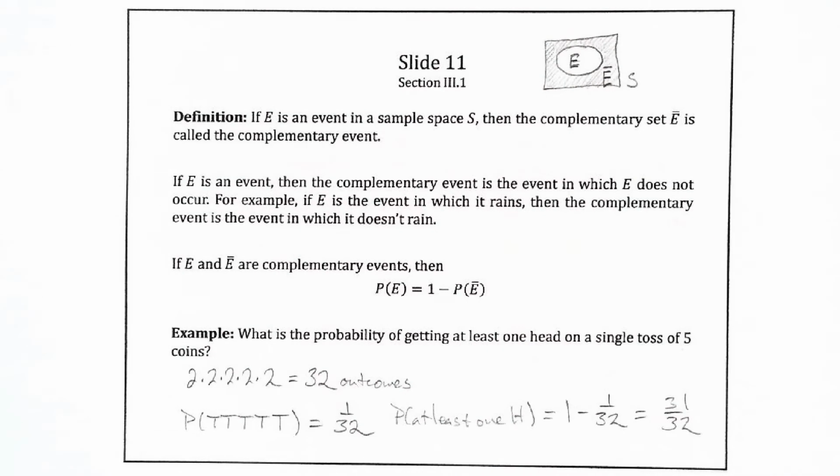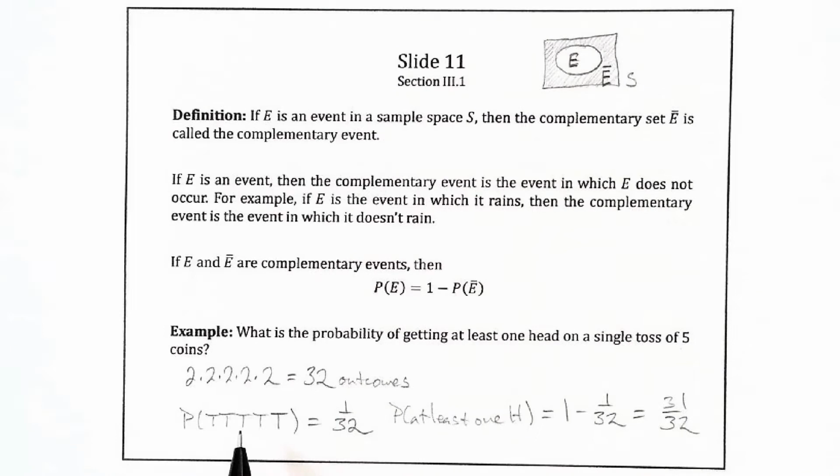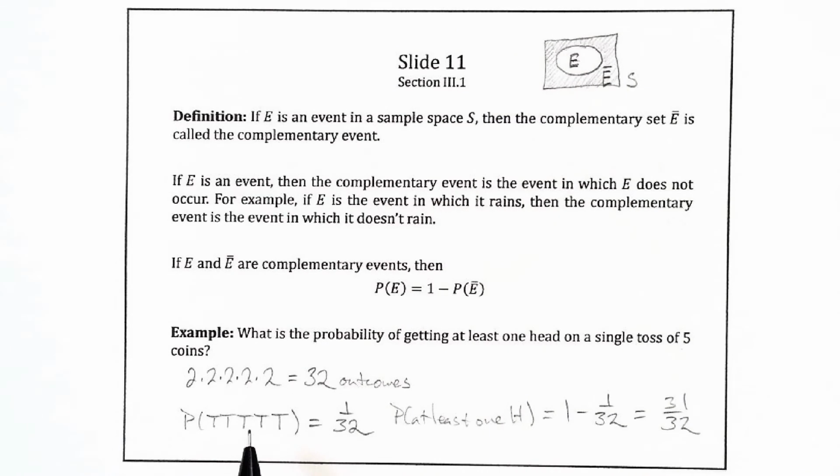That's going to take a while to list them all and be easy to miss stuff. But it turns out that it's easy to figure out how likely it is for that not to happen, because there's only one way for it not to happen. So if you get 5 tails, and since the probability of that is 1 out of 32, the probability of getting at least one heads up is 31 out of 32.